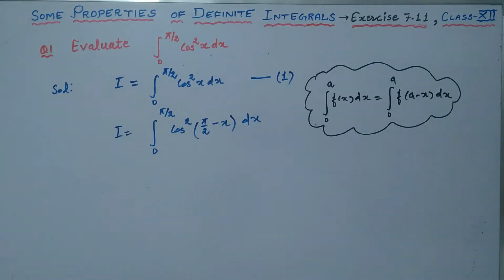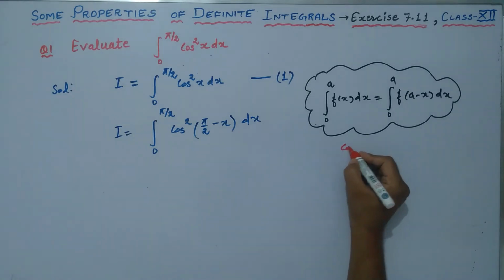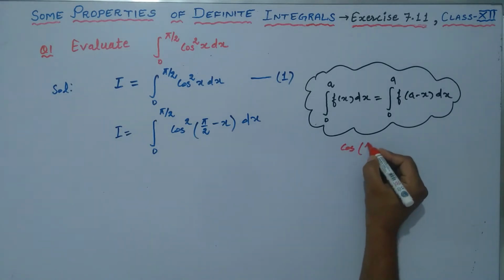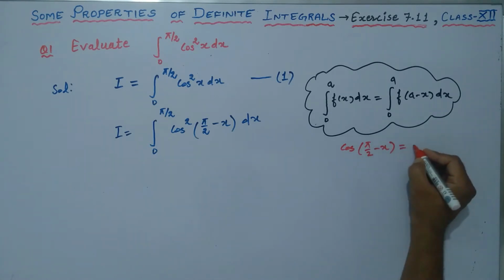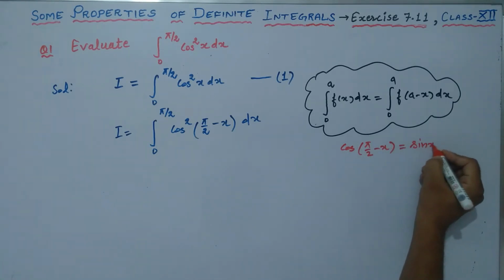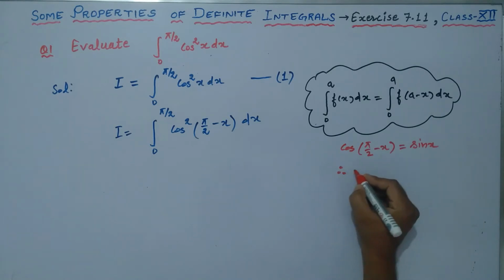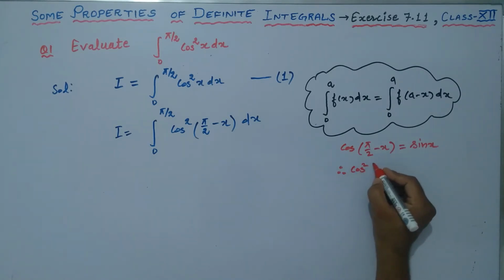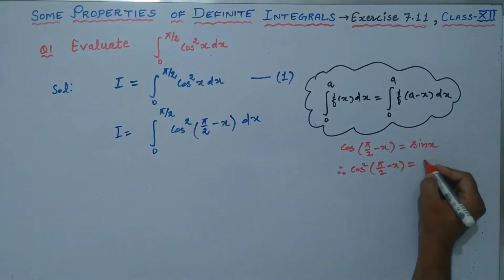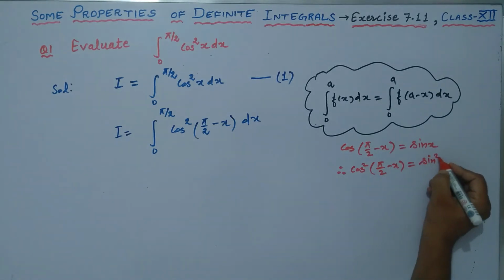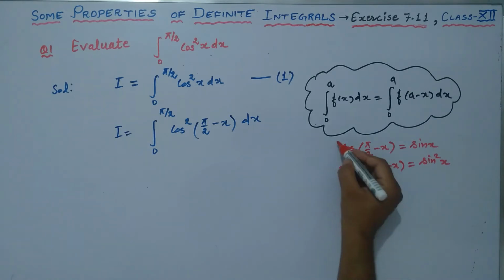Now in this question we know that cos of pi by 2 minus x is equal to sine of x. Therefore cos square of pi by 2 minus x is equal to sine square of x.